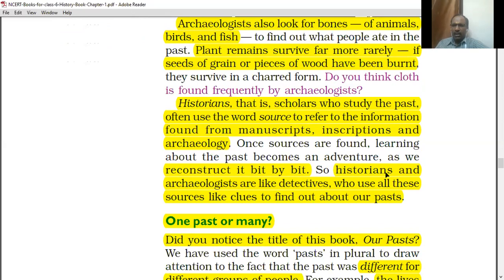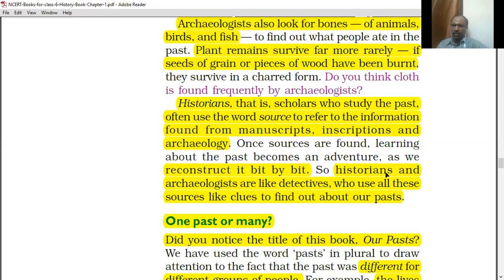So historians and archaeologists are like detectives. Just as a police person is a detective who investigates crimes or cases, historians and archaeologists use all this source evidence, and based on that they bring out the truth about our past.